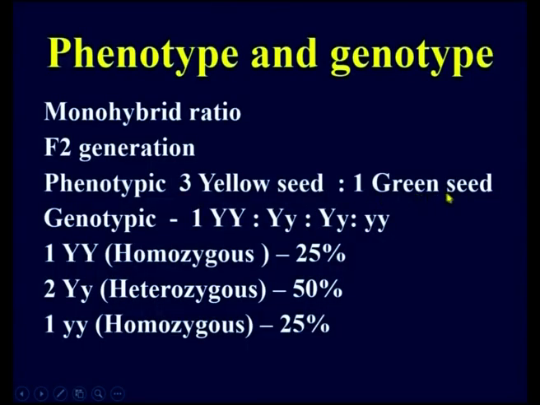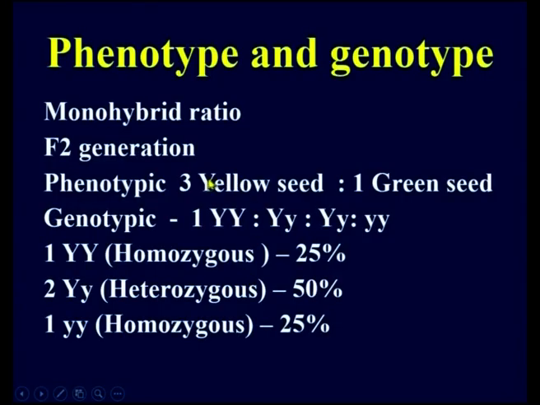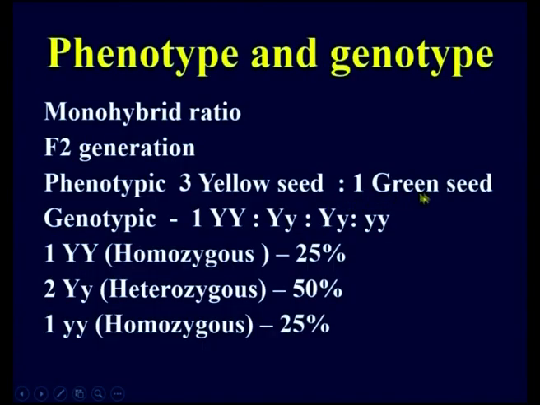What about green seeds? How many plants did we get with green seeds? Only 1 we got, right? 1 is visible to us. So phenotypic characters or traits means those which are visible to us, the qualities which we are able to see. So yellow seeds versus green seeds, if you look at the ratio, it is 3:1.